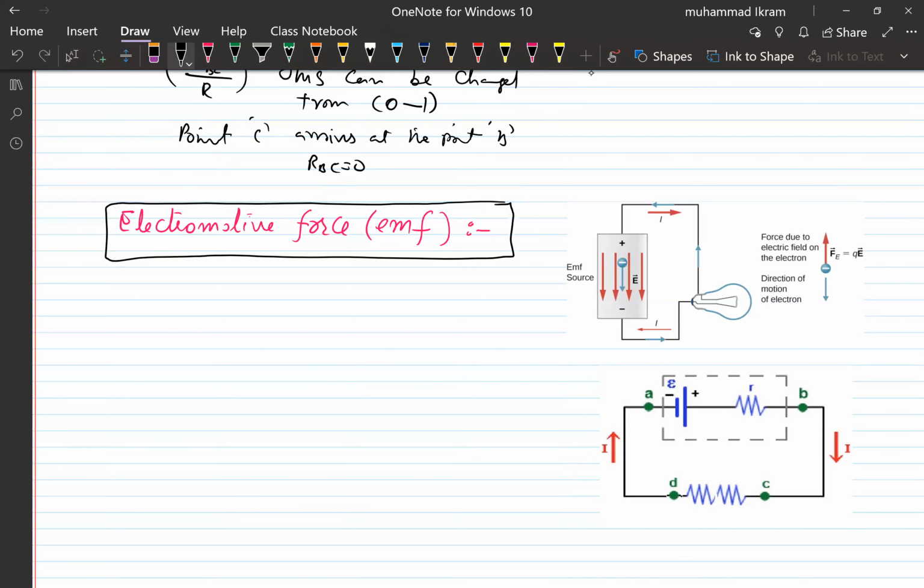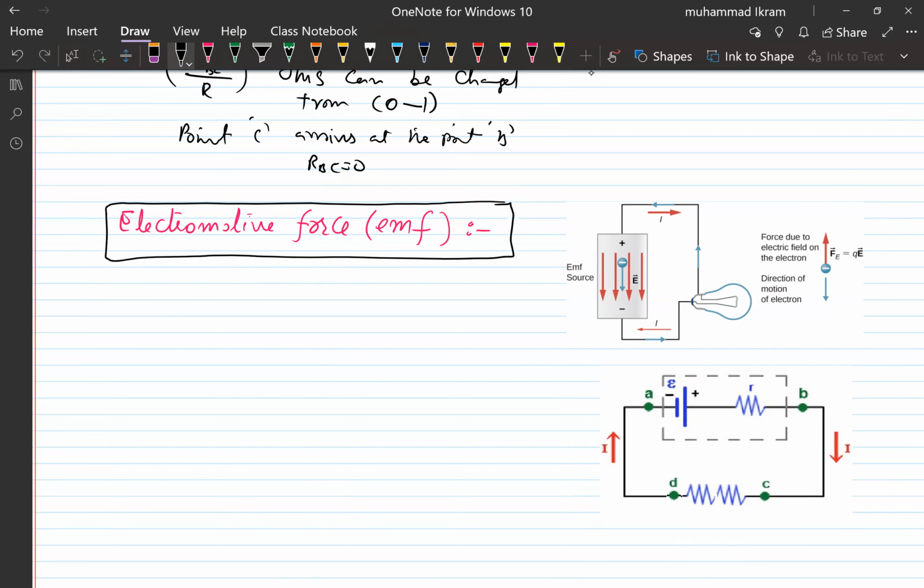Let us explain the phenomena of the electromotive force. For example, in this universe, nothing happens without anything, right? We cannot have energy without sources.